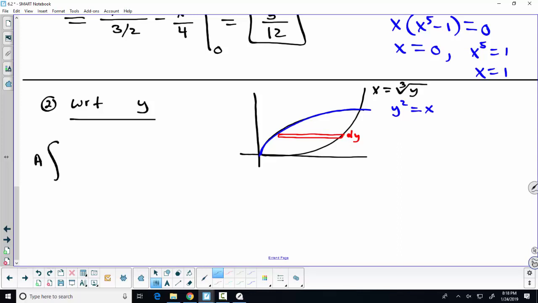So our area, 0 to 1. Right minus left, so we have cube root of y, rather y to the 1/3 minus y squared dy.